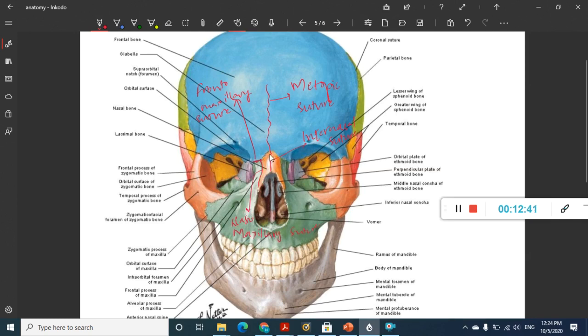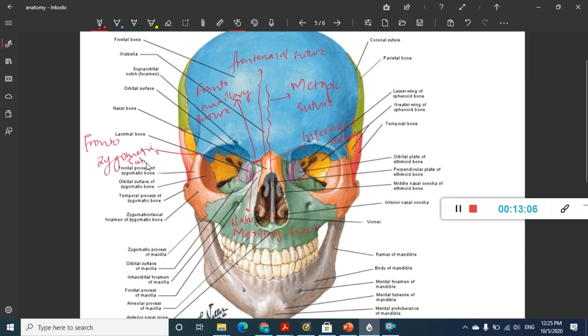Okay, we have one more suture which is joining the nasal bone with the frontal bone. This suture is called the frontonasal suture. Then we have one more suture which is joining the zygomatic bone with the frontal bone. This is called the frontozygomatic suture.